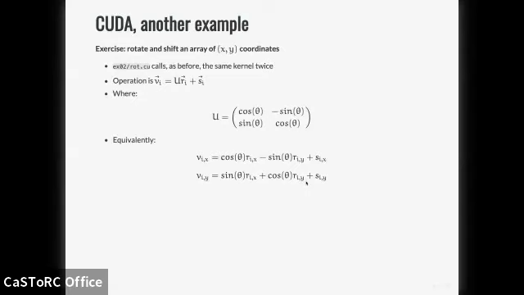This is very similar to the previous operation, sort of a generalization of it. Previously we had some a times x plus a vector, whereas now it's a bit more complicated, but it's still a scale and a shift operation.